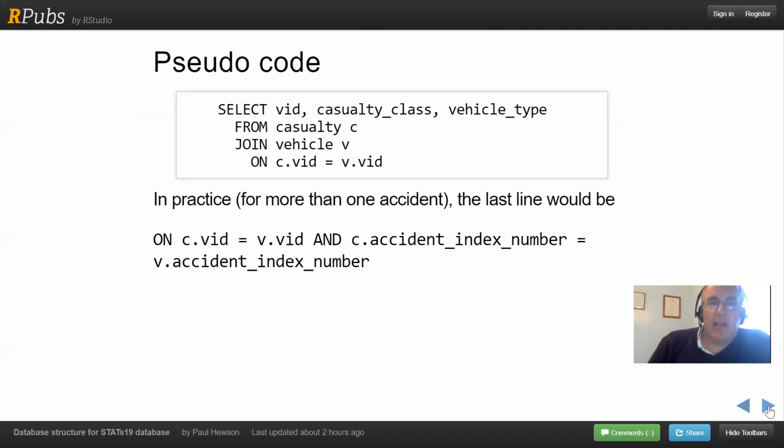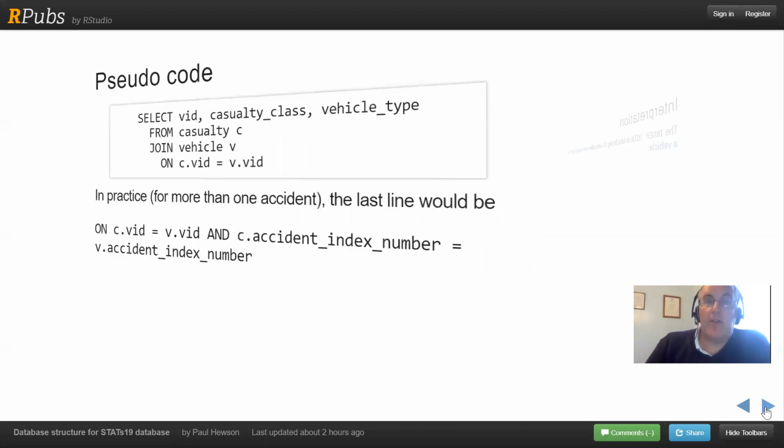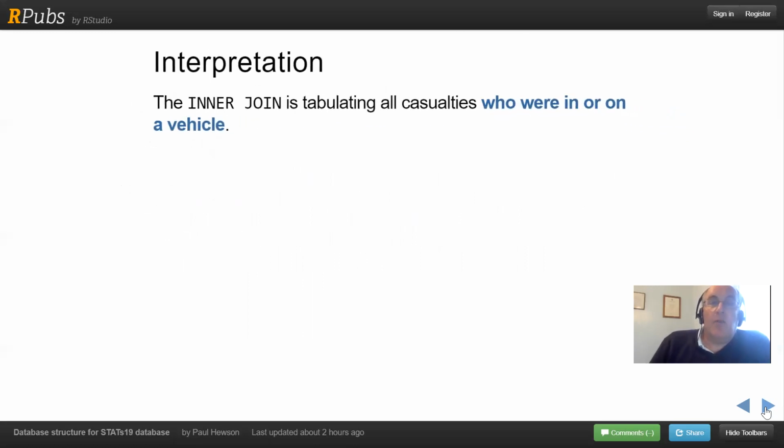There's a little footnote to say that in practice, I'd almost never be doing this for just one accident. I would have to join on both the vehicle identifier and the accident index number. That's the pseudocode. The interpretation is that the inner join tabulates all casualties who are in or on a vehicle. So the inner join gives us that intersection of the 2 tables.